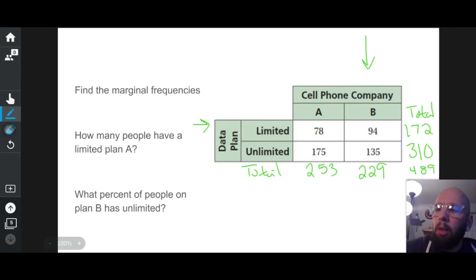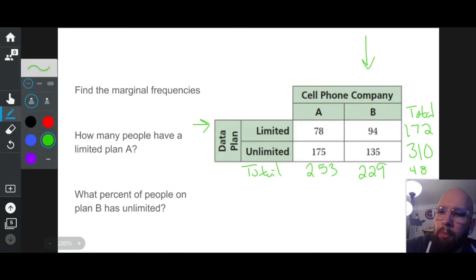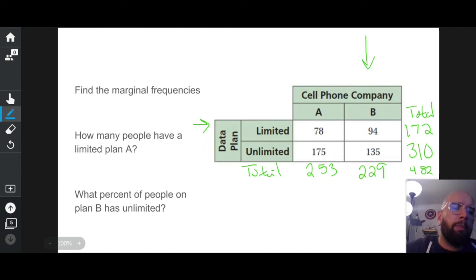Why did I put 9? 482. I'm just double checking my numbers, making sure I didn't make any mistakes, because I made a mistake by putting that 9 there, and I don't know why.